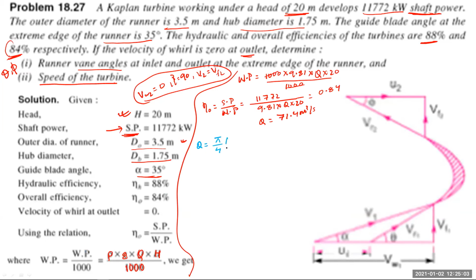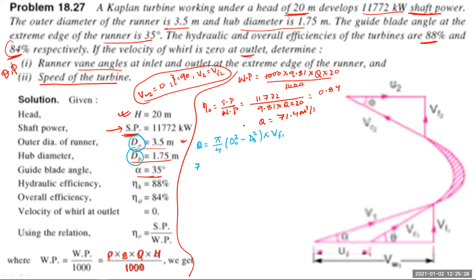Whenever you are solving numericals related to a Kaplan turbine, keep this in your mind. Q equals pi by 4 into D outer squared minus Db squared into Vf1. So D outer is given, Db is given. Substitute those values.